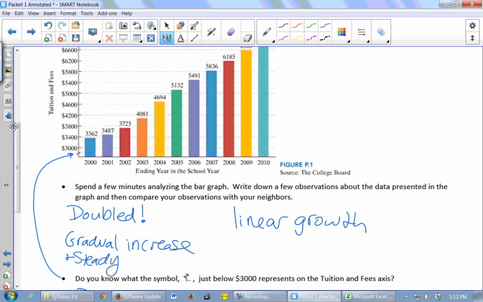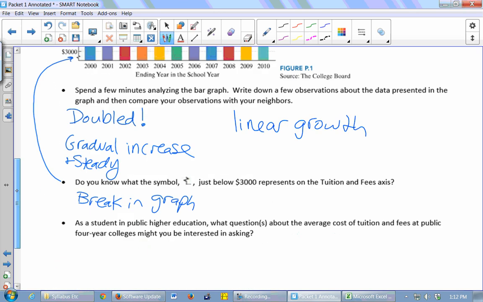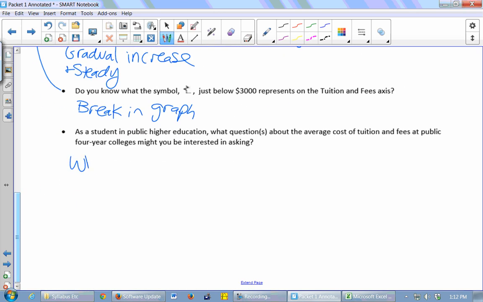What tuition was in 2000 or before 2000? What was tuition like before 2000? Yeah, was it ever free? Yeah, maybe it was higher. Like, yeah, who knows?